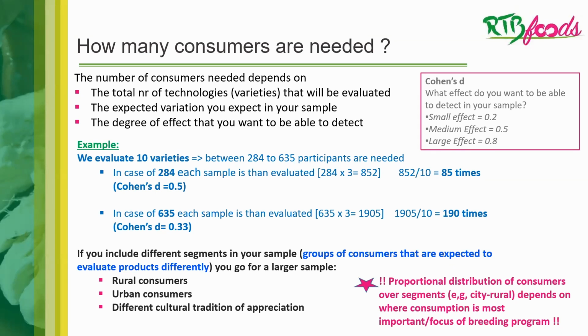What has to be mentioned is that the proportional distribution of consumers over segments depends on where consumption is most important and where the focus of the breeding program is. If your breeding program focuses on what is happening in cities, then you only go to cities. And if you don't really know, then you do half-half, or according to your objectives.